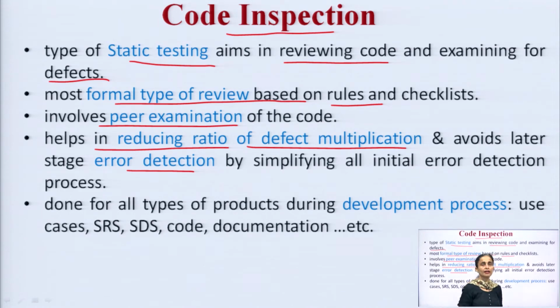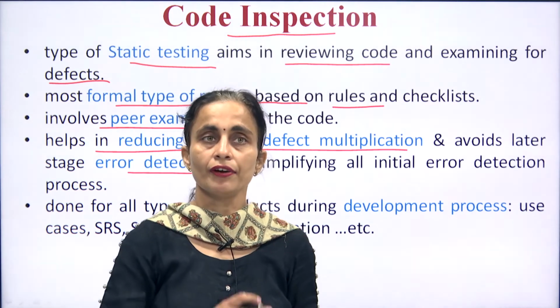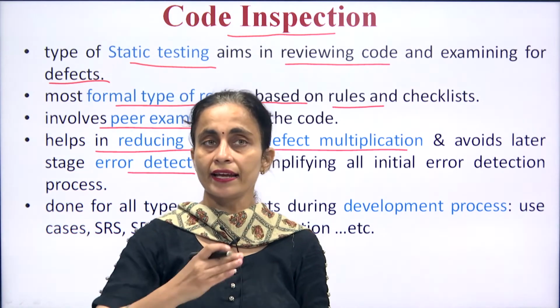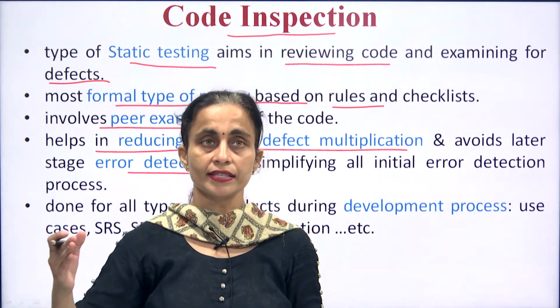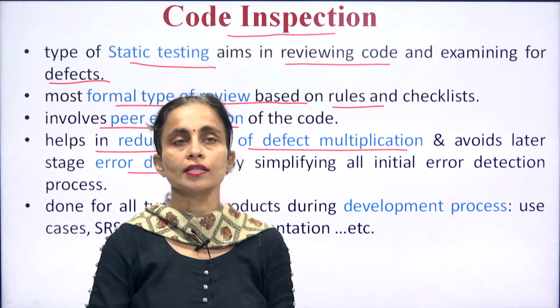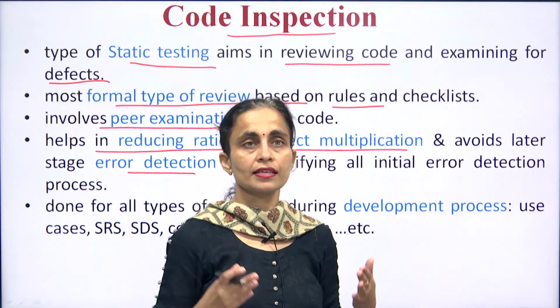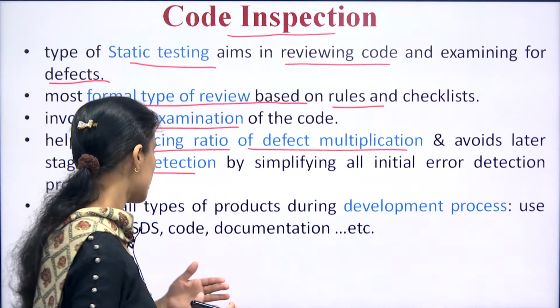As we know, if the error gets detected in the earlier stages, it reduces my product cost. If it is carried through the stages and detected in the last stage, then the testing cost will increase, and that will increase my software product cost.